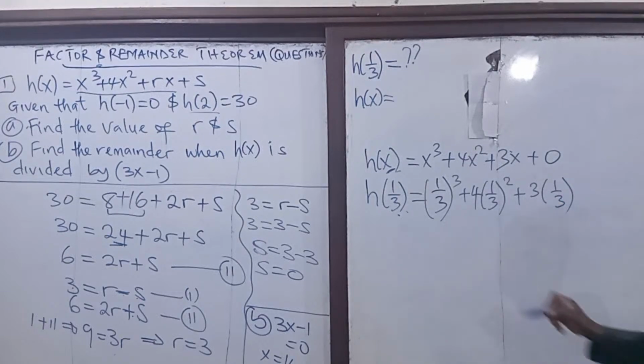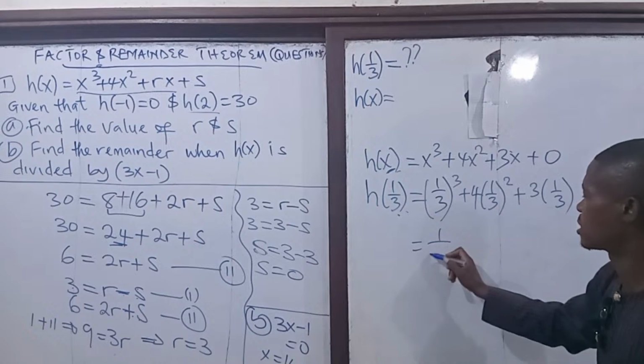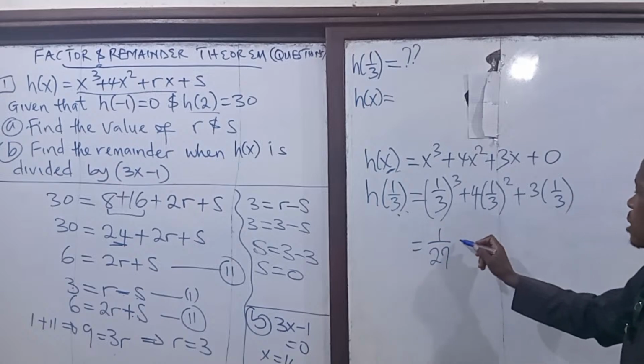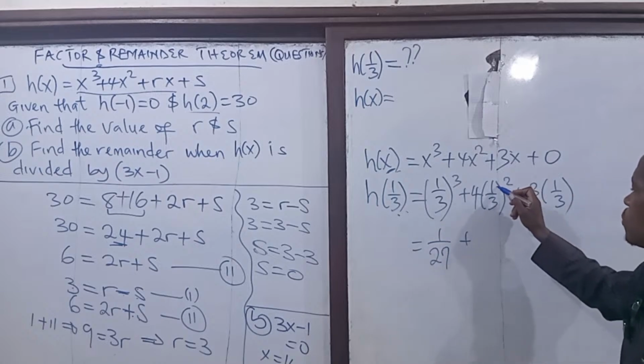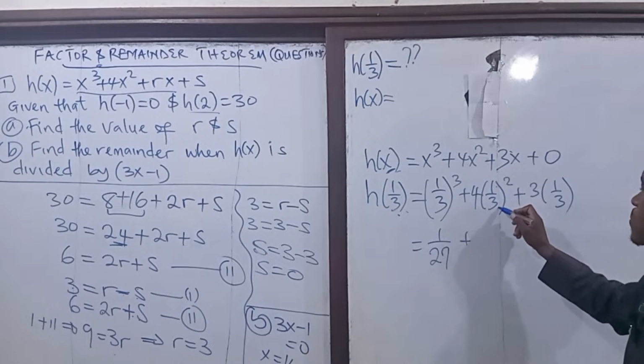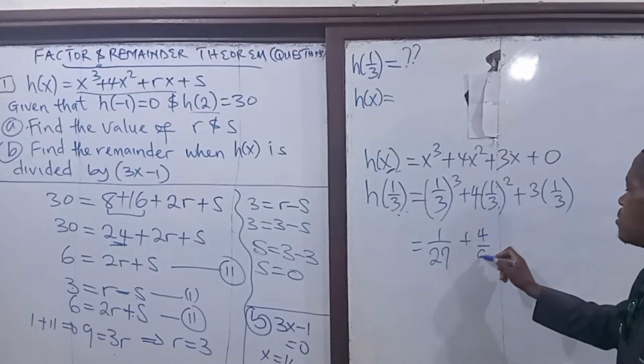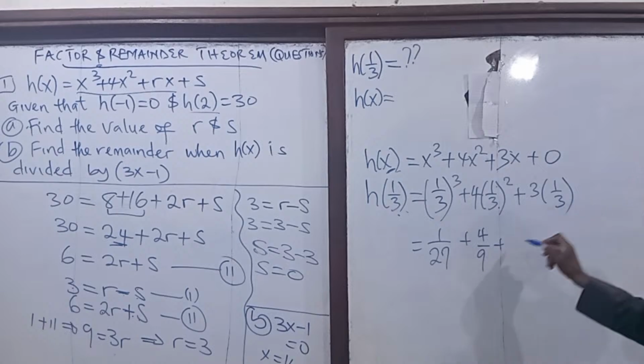Okay, so this one will be equal to what? 1 over 27 plus this will be 1 over 9, so that's 4 over 9. And then plus this one will be 1.